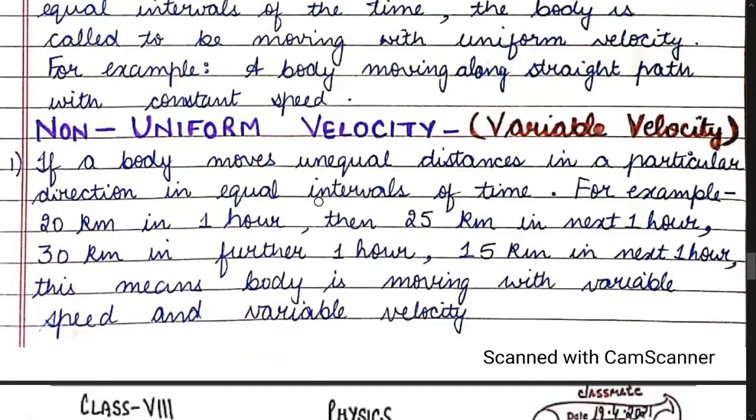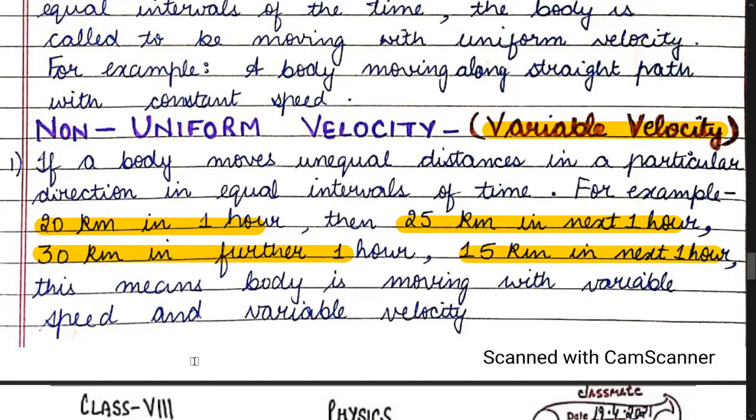Now let us learn about non-uniform velocity, which can also be termed as variable velocity. Children, if a body moves unequal distances in a particular direction in equal intervals of time, for example, 20 kilometer in 1 hour, 25 kilometer in the next hour, 30 kilometer in the next hour, 15 kilometer in the next hour.